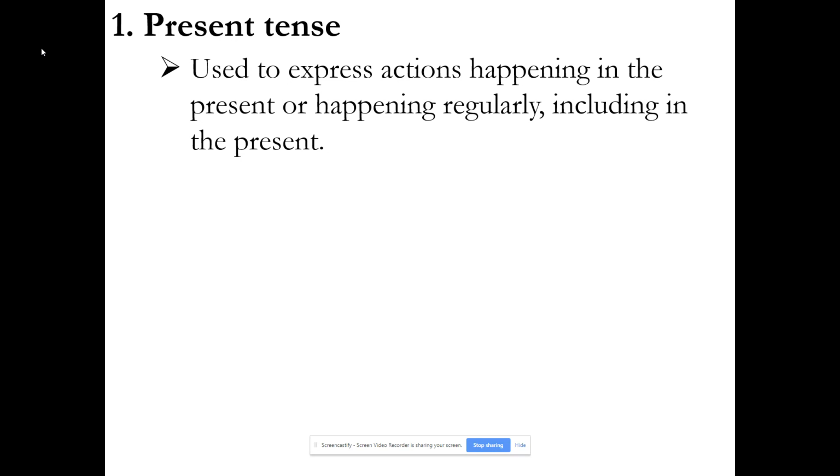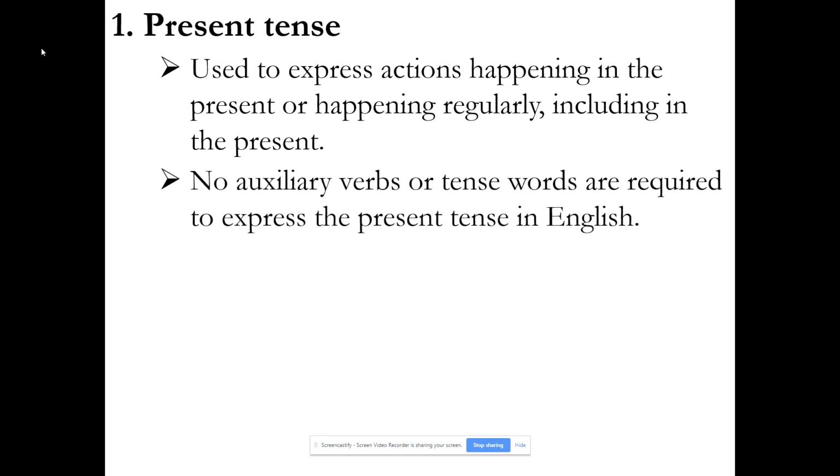Now present tense. We use present tense to express actions that are happening in the present or happening regularly or habitually in the present, or that includes the present. So we don't need any auxiliary verbs or any tense words to express the present tense in English. We just have a subject and the verb. So some examples: I run.